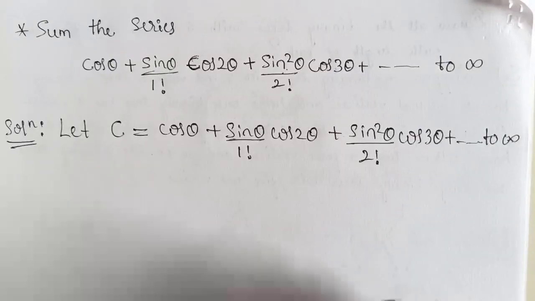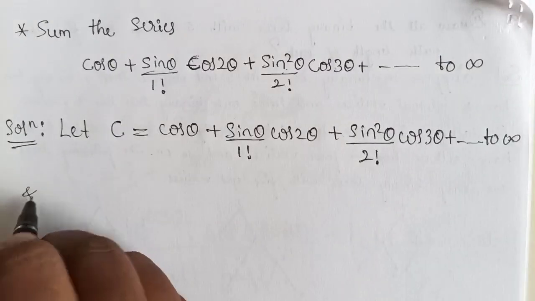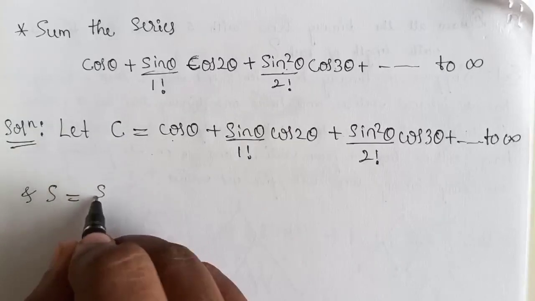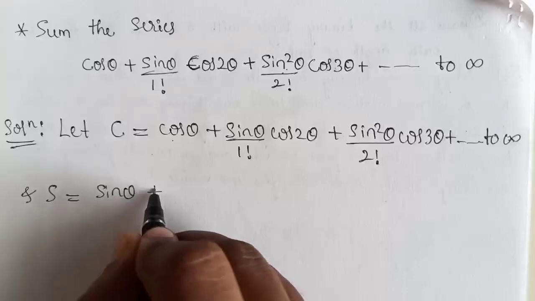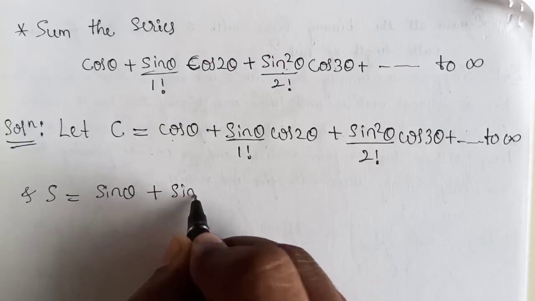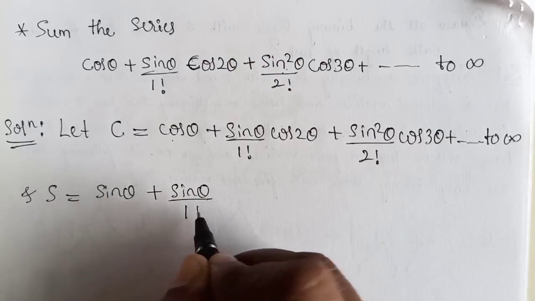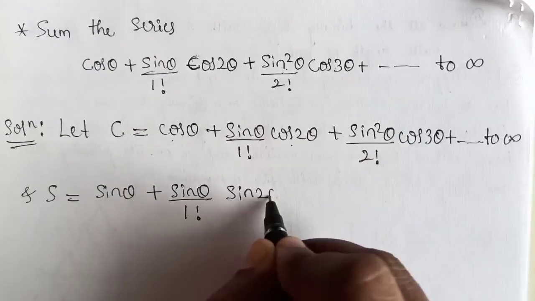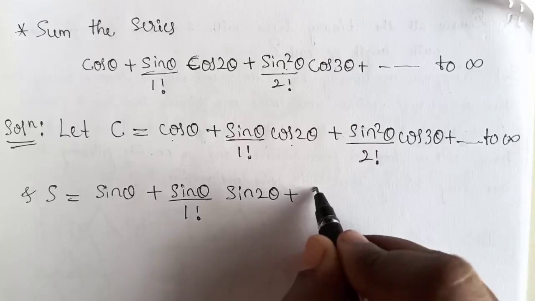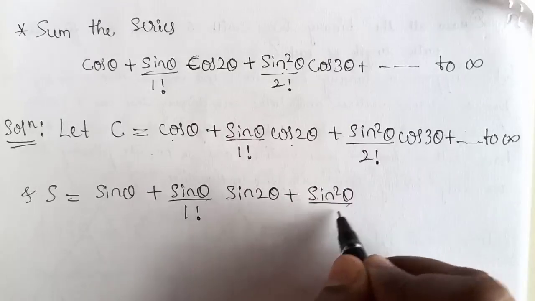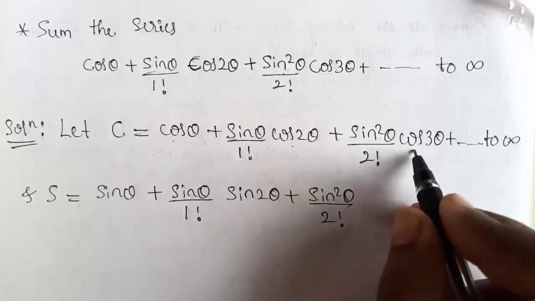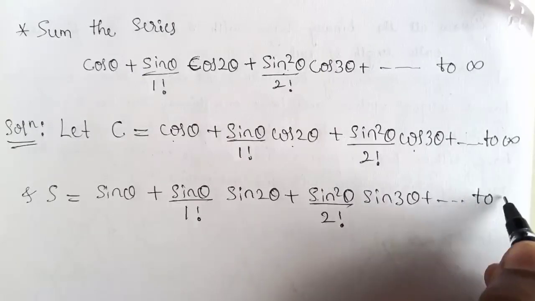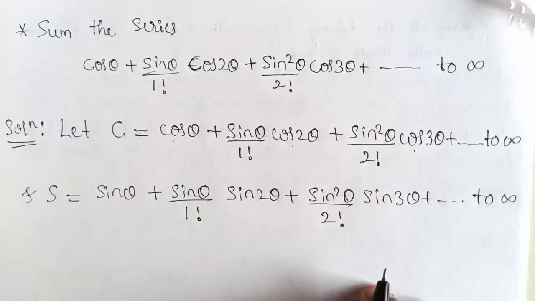Okay, so next we represent the s series, where we change this function: sin theta plus sin theta divided by 1 factorial as it is, we change this function. So sin 2 theta plus sin square theta divided by 2 factorial sin 3 theta plus up to infinity.